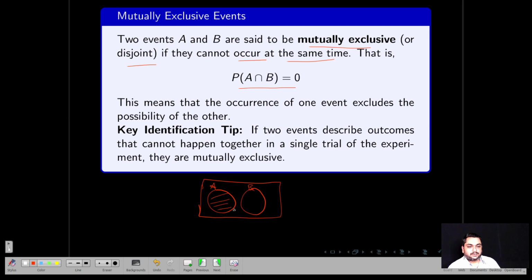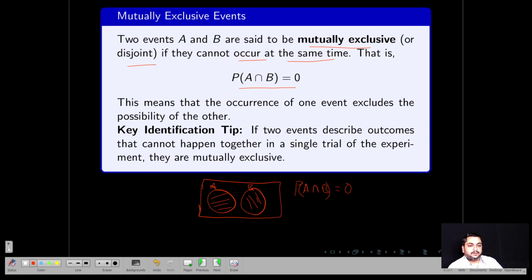If they occurred together, there would be an intersection part. Right? There is no intersection part. So if we say A intersection B is equal to 0, that is, the probability P of A intersection B will be 0. Such events are called mutually exclusive events. That means both cannot occur.